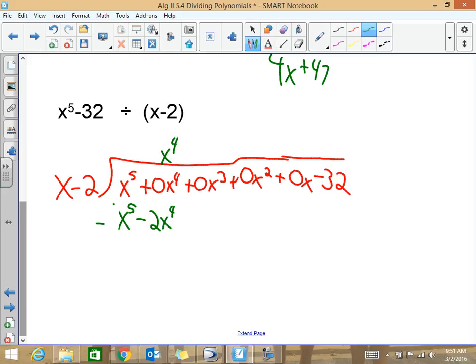Right? We subtract. So x to the 5th minus x to the 5th is 0. And then 0 minus a negative 2x to the 4th gives us what? Positive 2x to the 4th, right? And then we bring down our x to the 3rd.